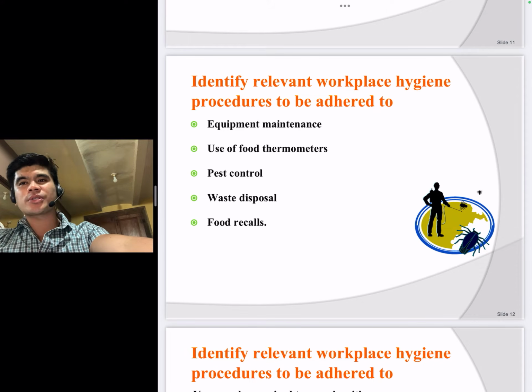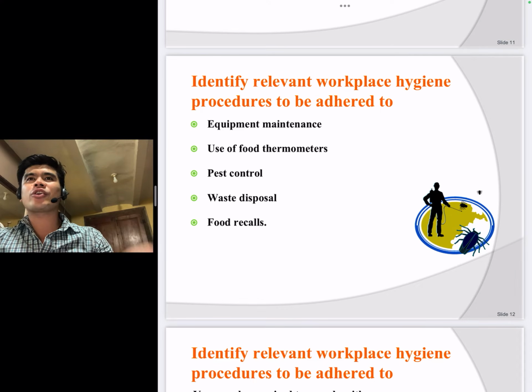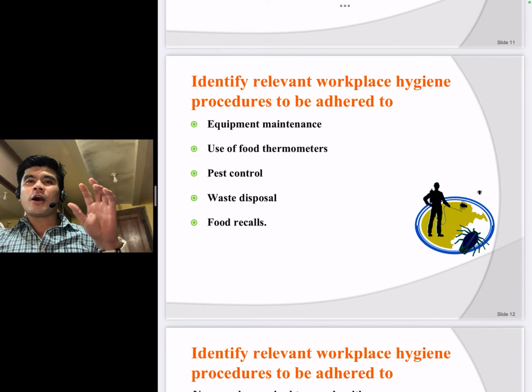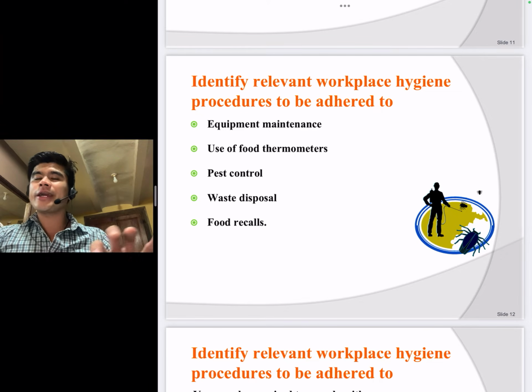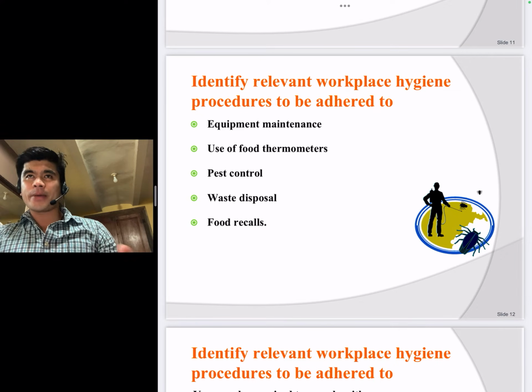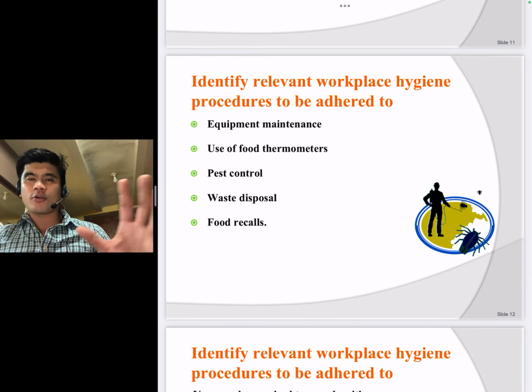Next, waste disposal. When it comes to waste disposal, we need to follow the standard in separating the garbage. Like you need to separate the food waste. You need to separate the garbage from its source, like paper to paper, plastic to plastic, and glass to glass. In that way, your organization is also becoming an eco-friendly organization.